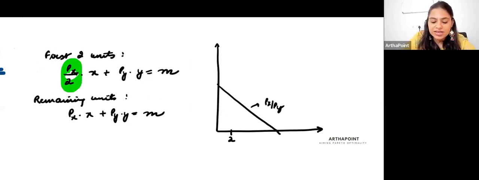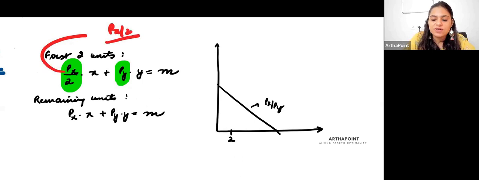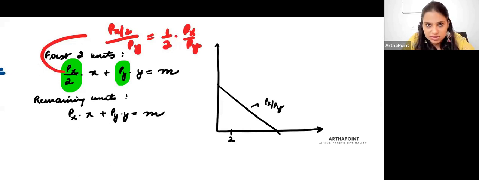It will be price of good X by price of good Y. So it will be Px by 2 divided by Py. So half into Px by Py, which means your slope is half of the original slope. Slope is decreasing. So for the first 2 units, now my budget line will become flatter because slope has decreased.